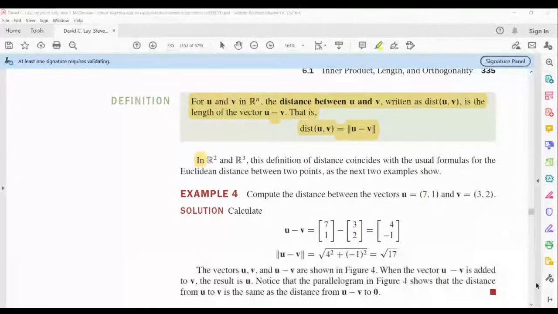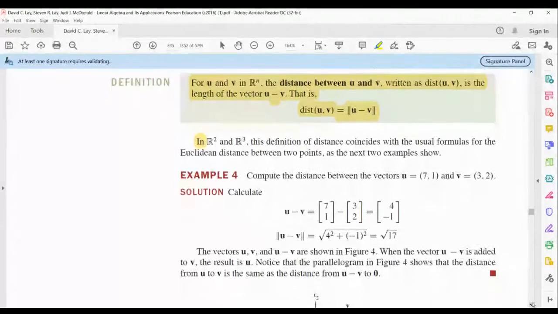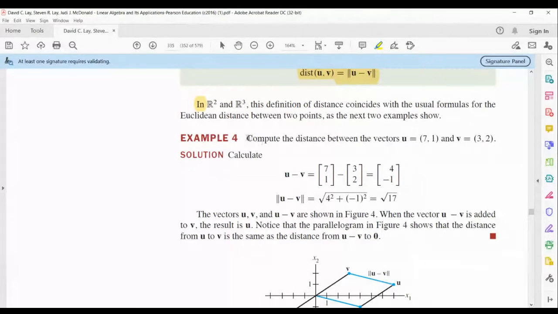Okay, so in example 4, compute the distance between two vectors. No problem. Just find the difference between the vectors, and then take the length of that difference, and you get the square root of 17.